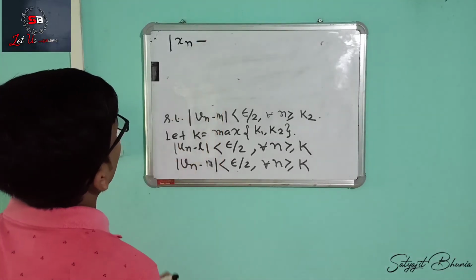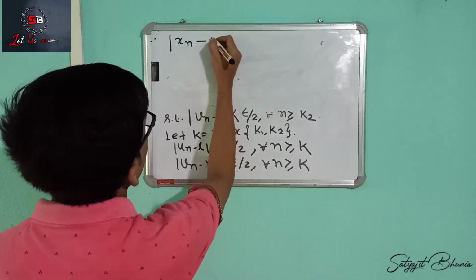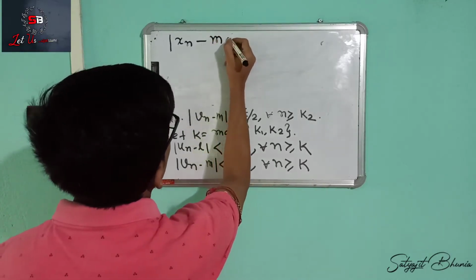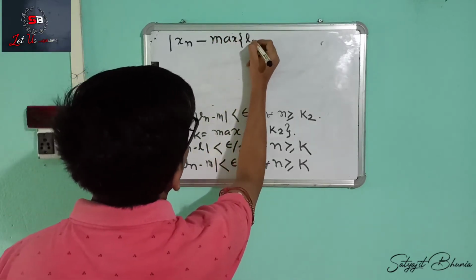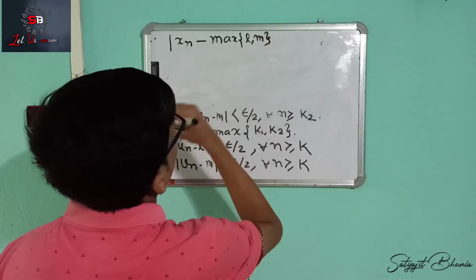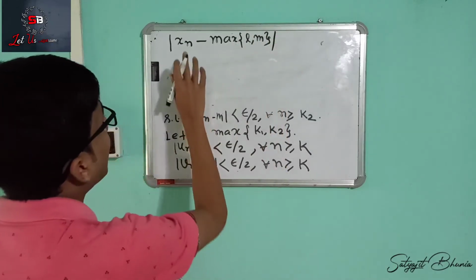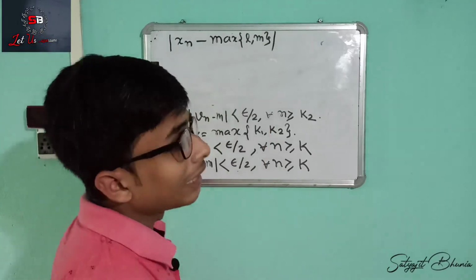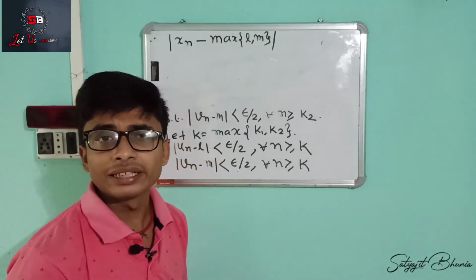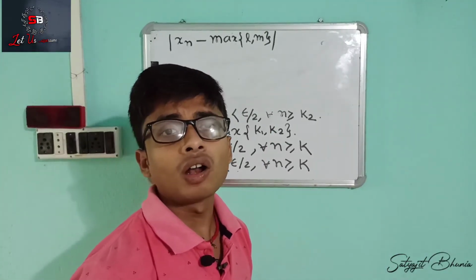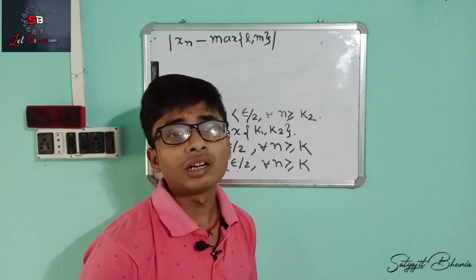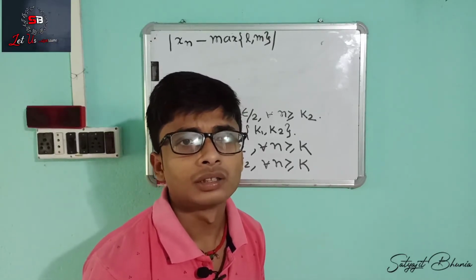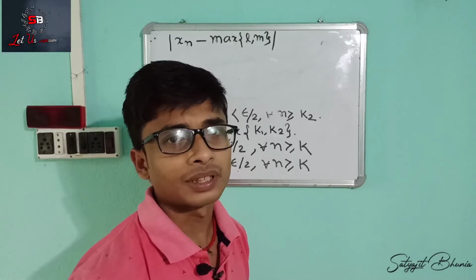For this, we have to show that mod of xn minus max of l and m is less than epsilon for all n greater than or equal to some natural number. We have to find that natural number.